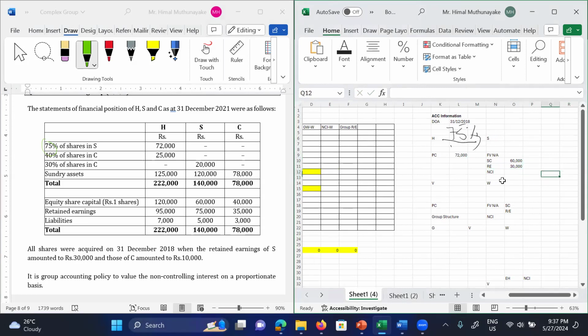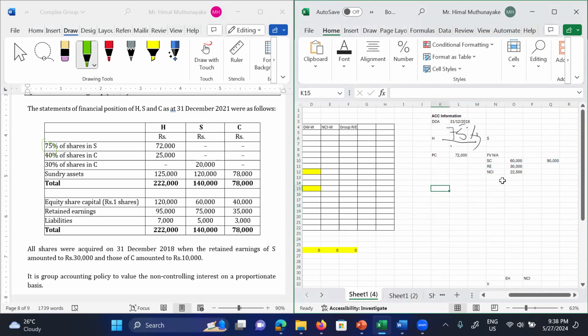We are using the proportionate of net assets method. That means our net asset value is 90,000. Out of this 90,000, you need to take 25%. So this is the NCI value, 22,500, right? So that is completed.